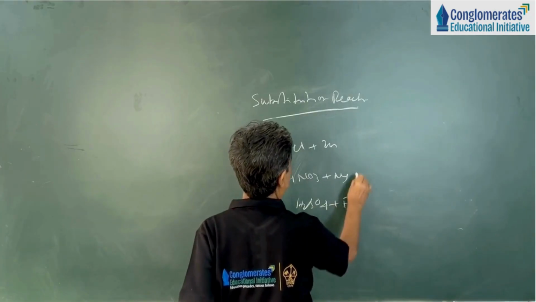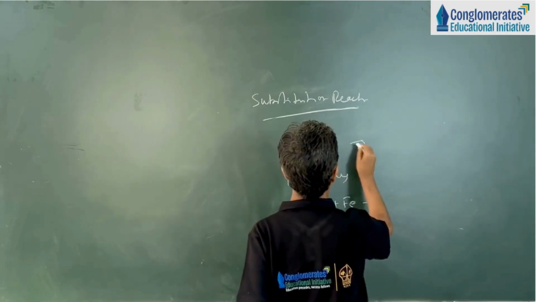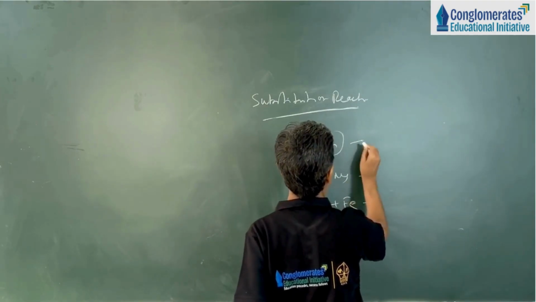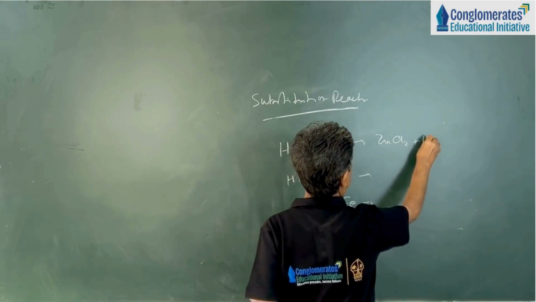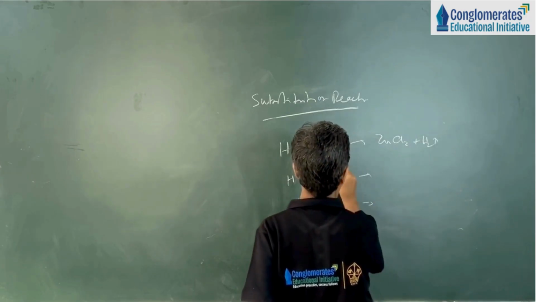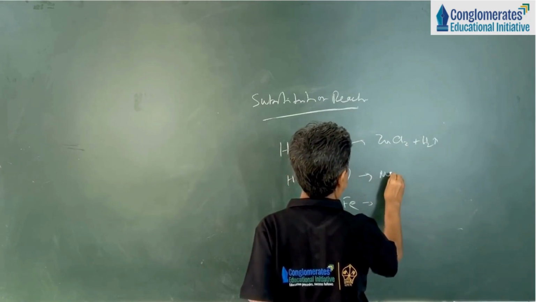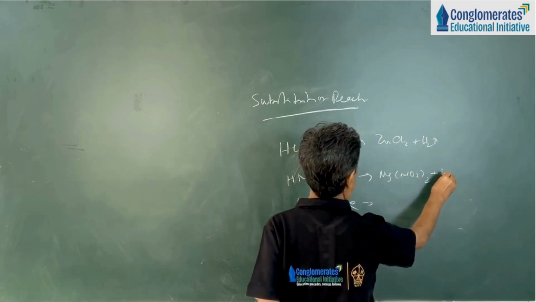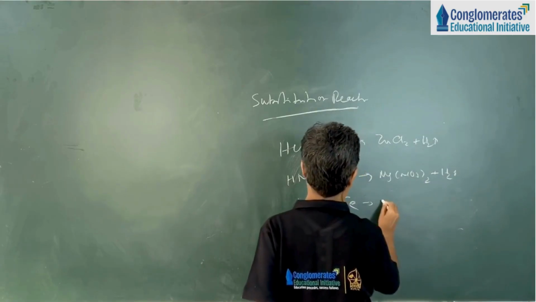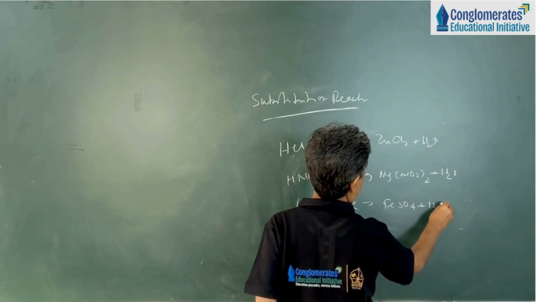In all these cases the examples are substitution reactions, because Zn will replace hydrogen to form zinc chloride and hydrogen gas is released. Here magnesium will replace hydrogen to form magnesium nitrate, and hydrogen gas is released, and here also FeSO4 forms and hydrogen gas is released.